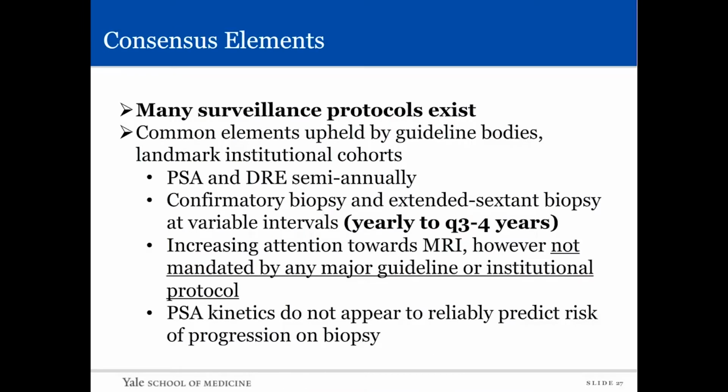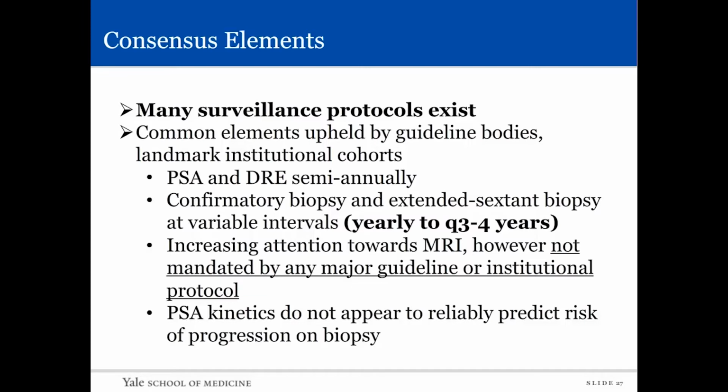So just to summarize some of the consensus elements, I think it's important to emphasize that many surveillance protocols exist. The common elements, though, that are upheld by guideline bodies and landmark institutional cohorts include PSA and digital rectal examination semi-annually, a confirmatory and extended sextant biopsy at variable intervals, anywhere from a year to every 3 to 4 years.